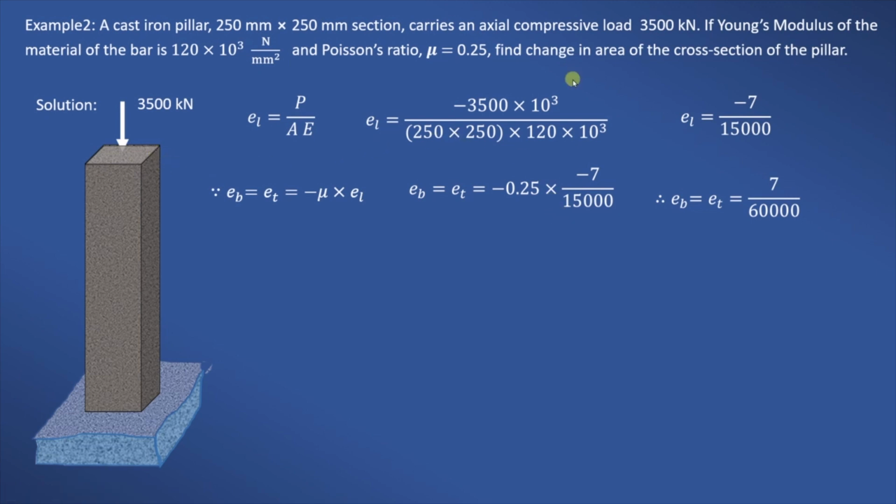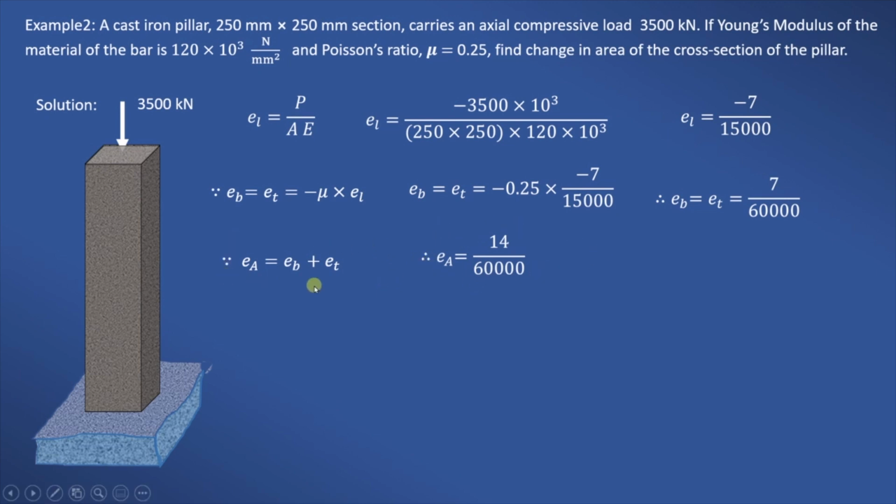If you want to find change in volume, first you find strain in volume. Now in this case, you are asked to find change in area of the cross section. So you should find strain in area of the cross section. Cross sectional area is width into thickness. So strain in area is strain in width plus strain in thickness. And this is how you have found out strain in area.